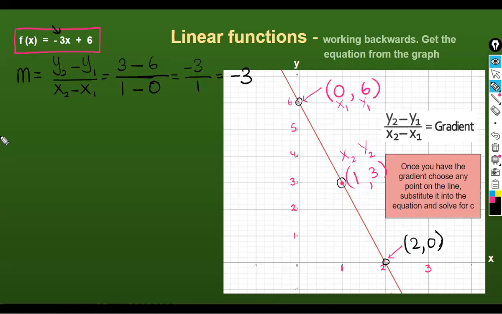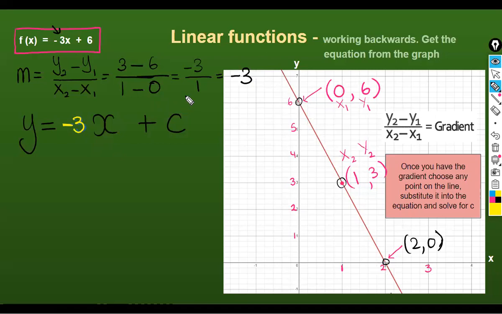Great. So this is what we know so far. The equation of any straight line is y is equal to mx plus c. We just found m. So why put m? Put what we just found. And we just found out m is minus 3.